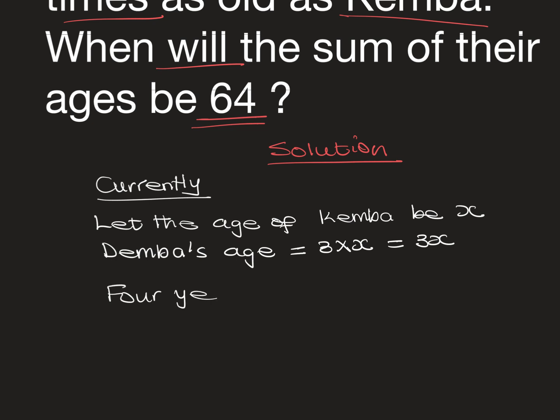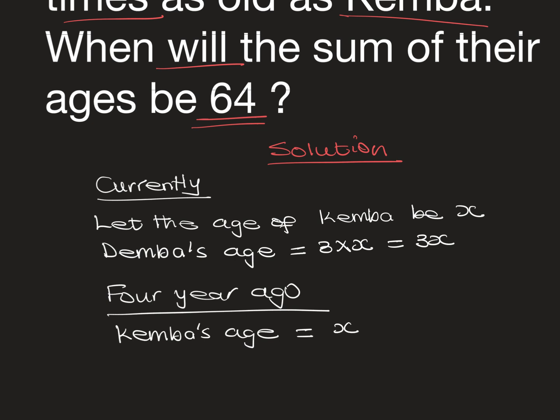4 years ago, what will be Kemba's age? Kemba's age would be the current age minus 4. And what of Demba's age? Demba's age would be 3x minus 4.